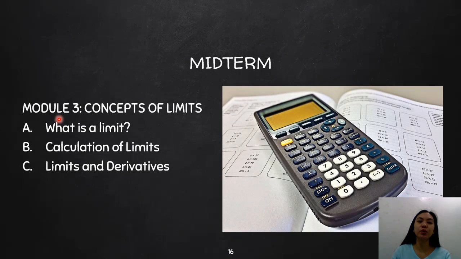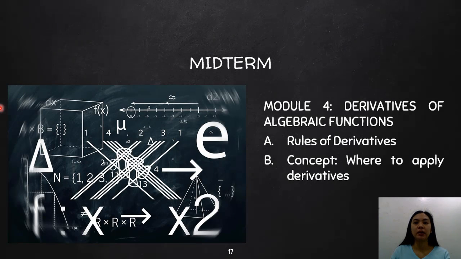And then we will go to module number 3, wherein we will be covering the concepts of limits, what is limit, calculation of limits, and of course limits and derivatives. And the last module for the midterm is the derivatives of algebraic functions, wherein we are to cover the rules of your derivatives and where we could apply these derivatives.